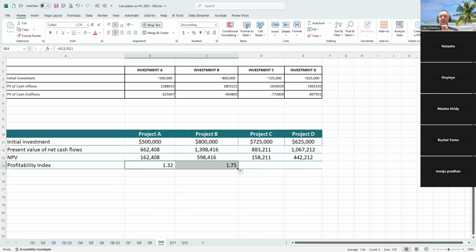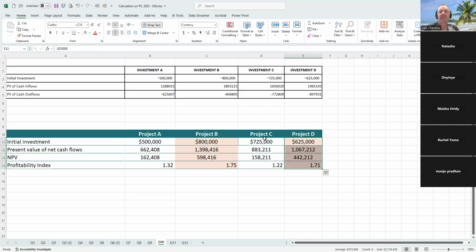Second one is going to give you 175. Next one is going to be 122. And the last one is going to be 171. So if we have to choose only two, I'm choosing B and D, and I'm going to forget about A and C.